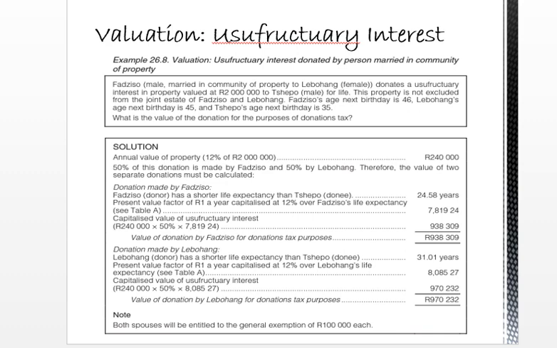So the value of donation by Lebogang for donation purposes will then be 970,232 rand. Now for Fadizo and Lebogang, both of them are entitled to the general exemption of 100,000 rand each.